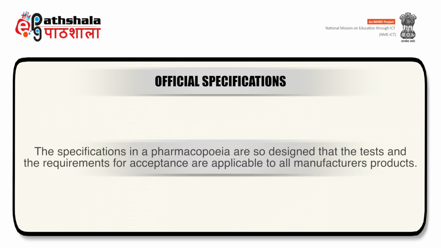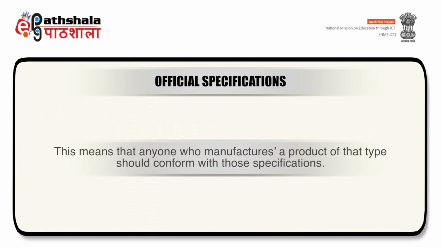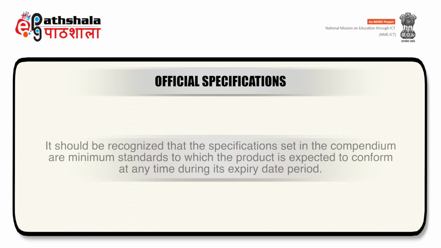Specifications in a pharmacopoeia are so designed that tests and requirements for acceptance are applicable to all manufactured products. This means that anyone who manufactures a product of that type should conform with those specifications. It should be recognized that the specifications set in the compendium are minimum standards to which the product is expected to conform at any time during its expiry date period.